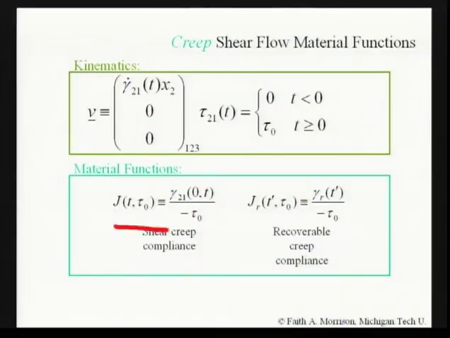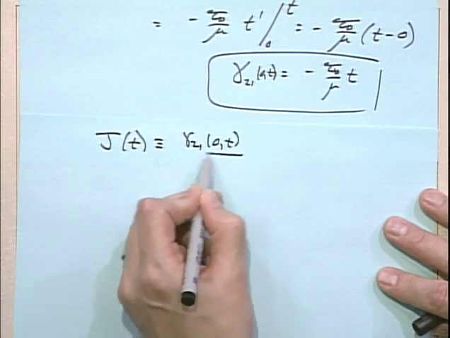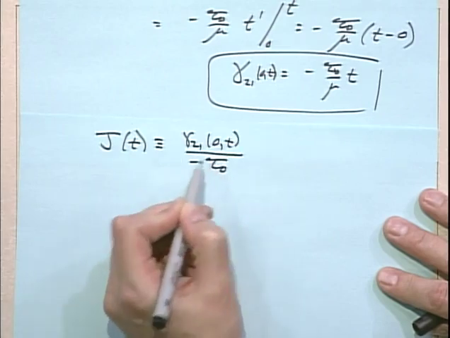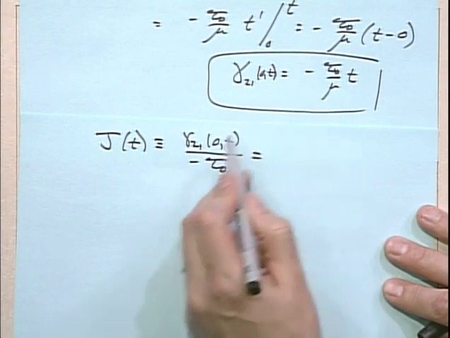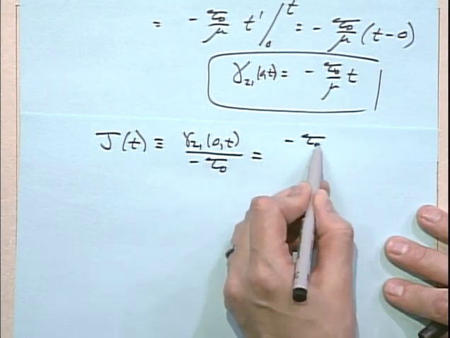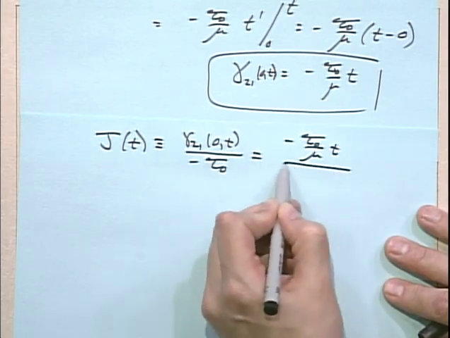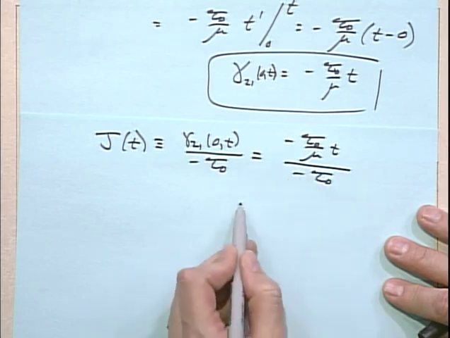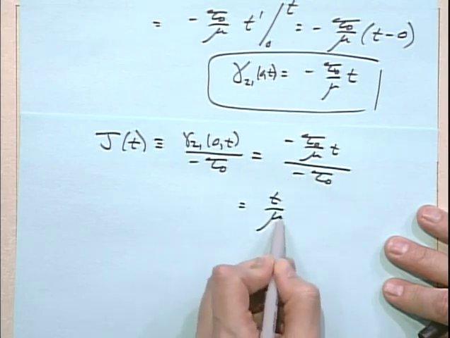Now we just plug into this definition to get the compliance. So J of time is defined as gamma 2, 1 between 0 and t divided by minus tau naught. We've got it. So it's minus tau naught over mu times t over minus tau naught, or t over mu.